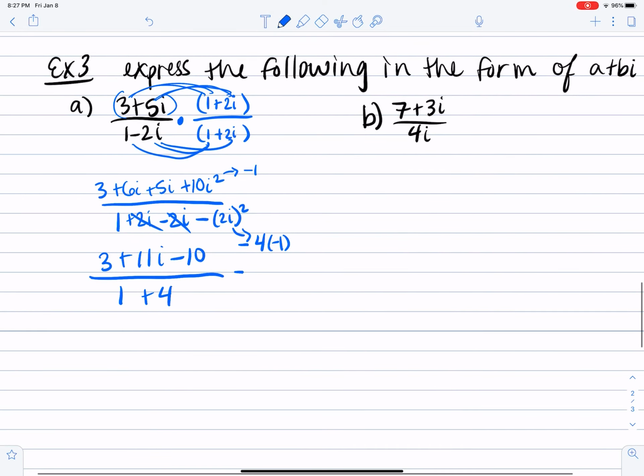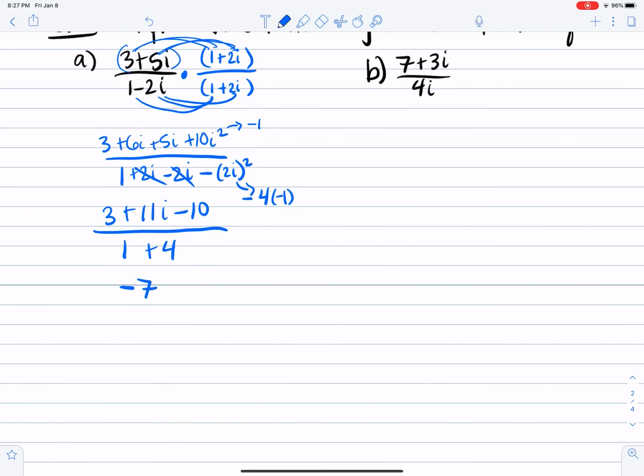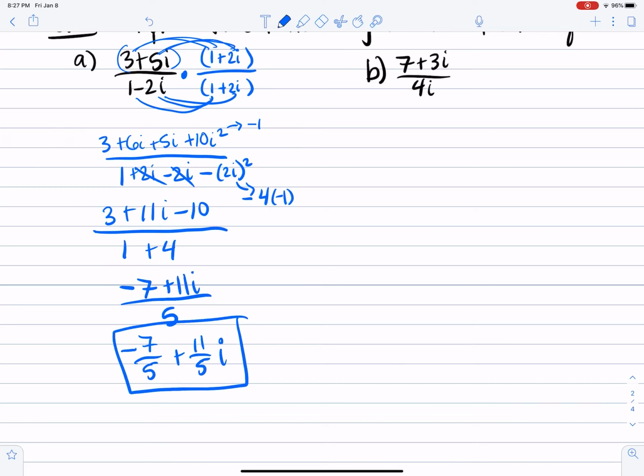So on the top we're going to get negative 7 plus 11i over 5. They still want it in a plus Bi form, so we need to break this down to negative 7/5, that's our A, plus 11/5, that's our Bi. That's our answer there.